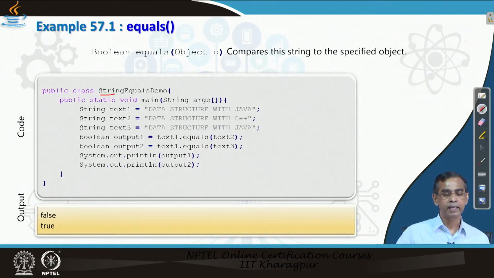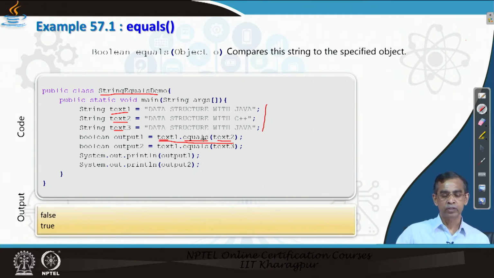So, here is an example. We have to test using the equals method to compare two strings. Here text1, text2 and text3 are the three string objects that are created like this, and as you can see text1 and text2 are not the same actually. Now, here we can check text1 equals text2.